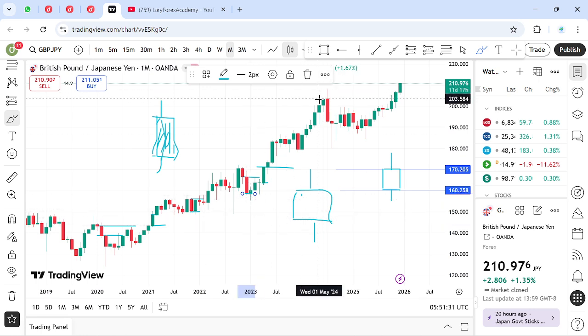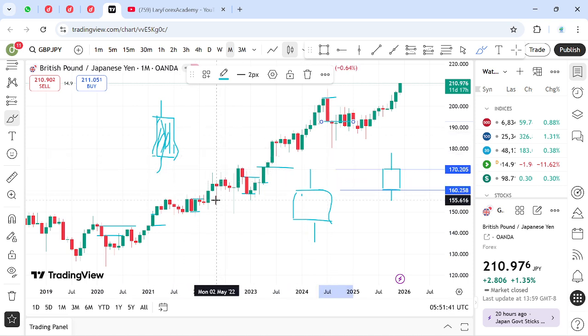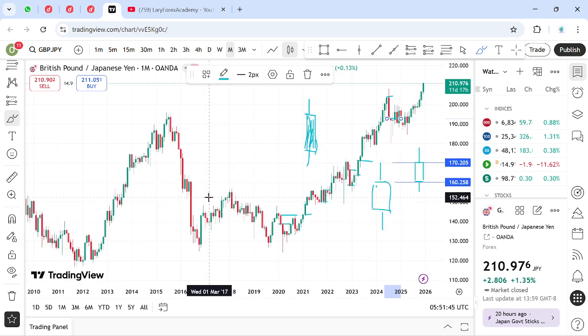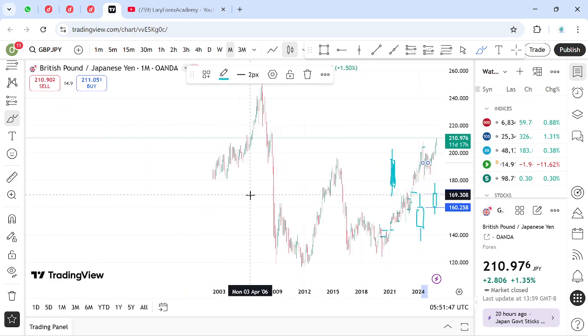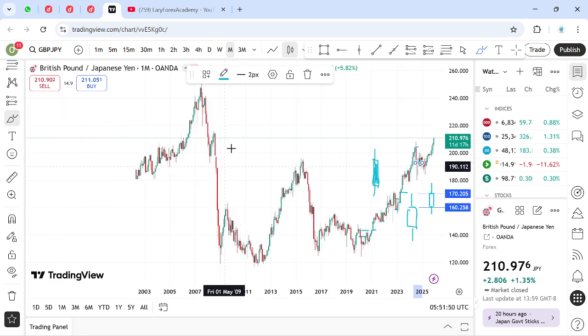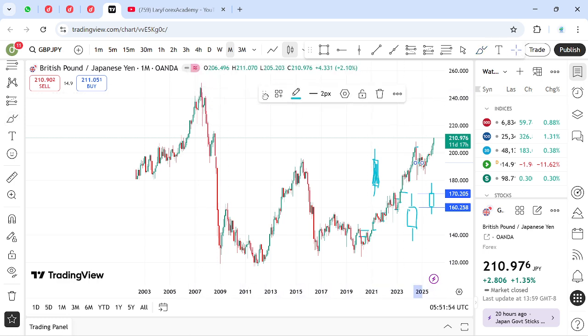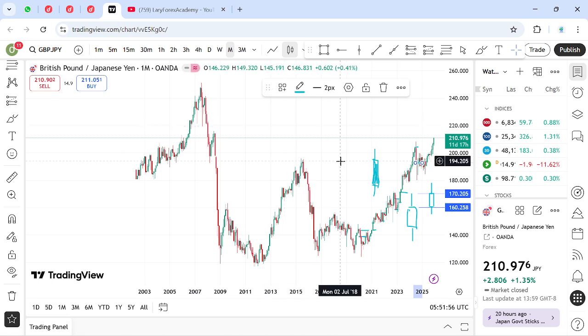So this is how to understand a bearish candlestick on market charts. Now this is very important because this information will help you understand what you are doing at the market. You understand?